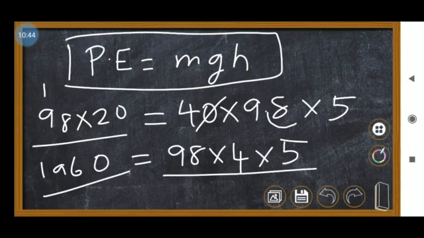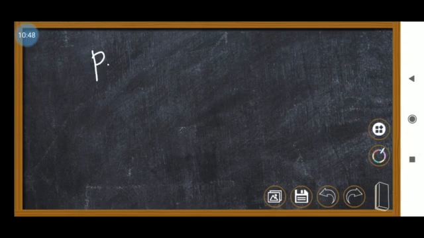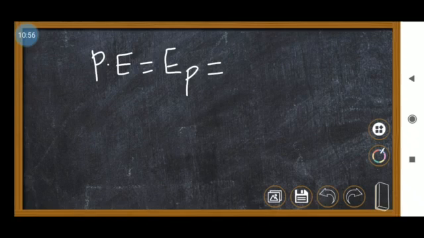So the potential energy E_P, in terms of joule, equals 1960 joule. This much energy will be attained by that object.